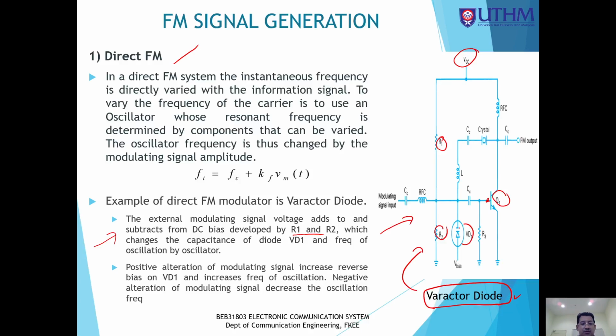Positive alteration of the modulating signal increases the reverse bias at VD1 and increases the frequency of the oscillation. Negative alteration of the modulating signal decreases the oscillation frequency.